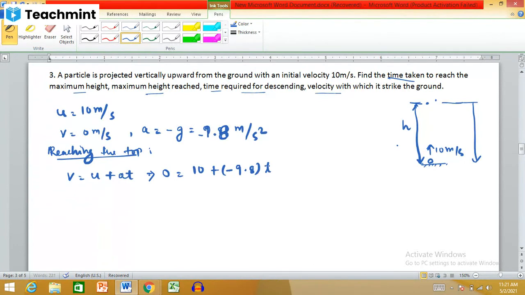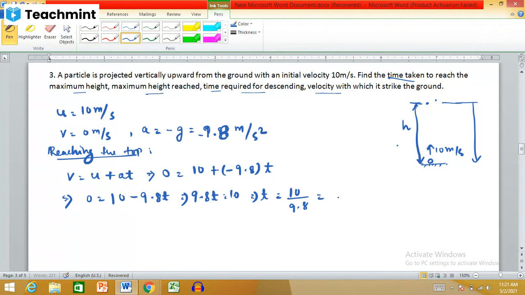So 0 is equal to 10 minus 9.8 t. 9.8 t is equal to 10. t is equal to 10 by 9.8.